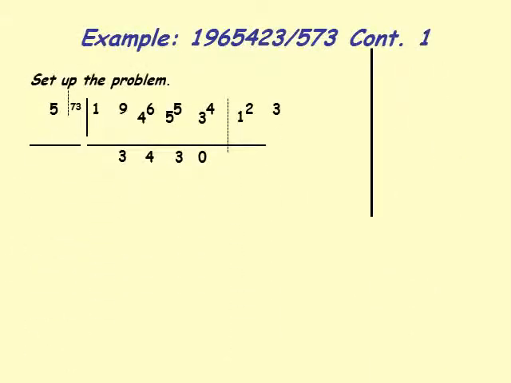So the setup so far is that we have been dividing 1965423 by 573, and we have so far gotten 3430, and next remainder position, this is the remainder line. The quotient is to the left of this line and the remainder part is to the right of this line.